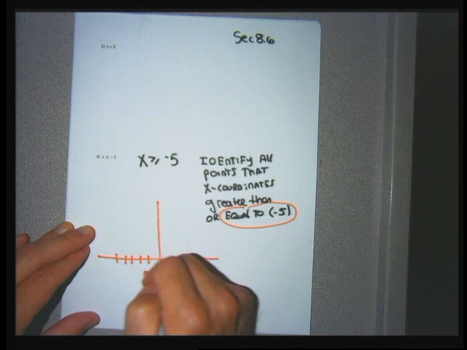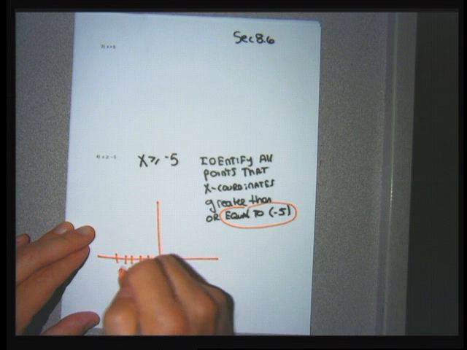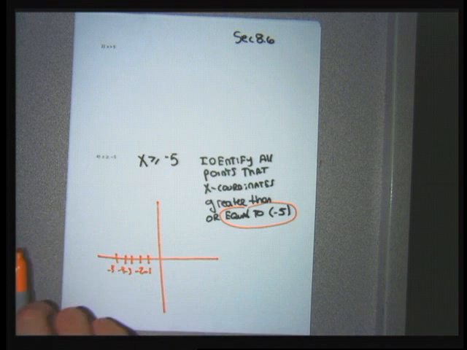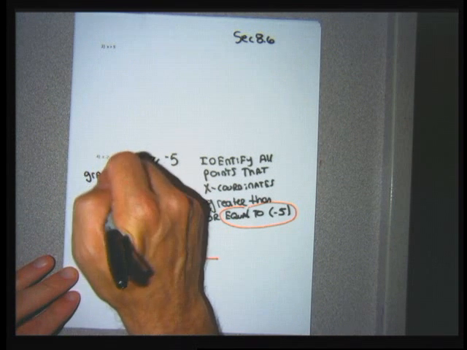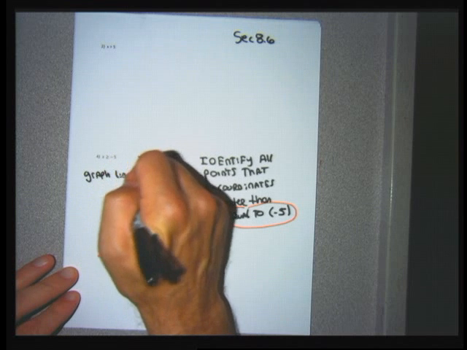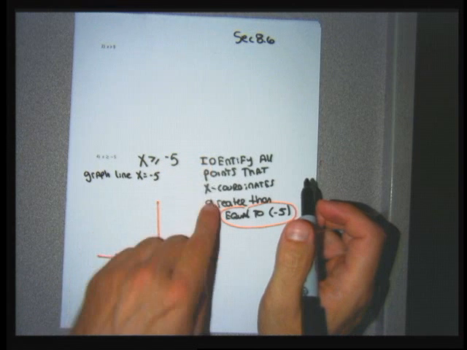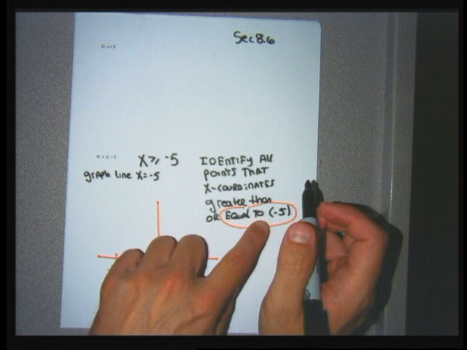For each problem in this section, I'm going to start off by graphing the equal line in some sense. So first, to do this problem, I'm going to graph the equal part. So I'm going to graph the line x equal to -5 because I'm supposed to identify all the points that have x coordinates that are greater than or equal to -5.